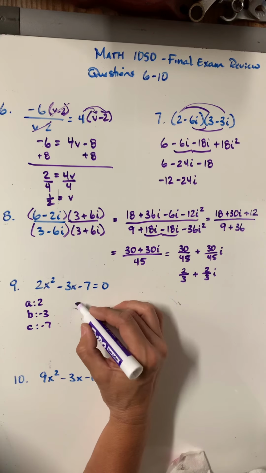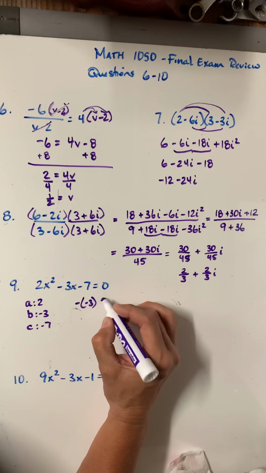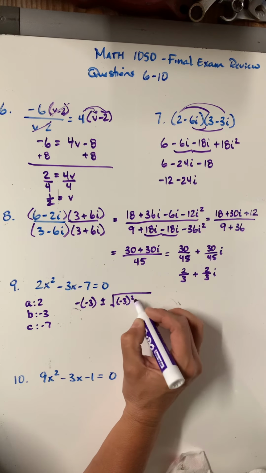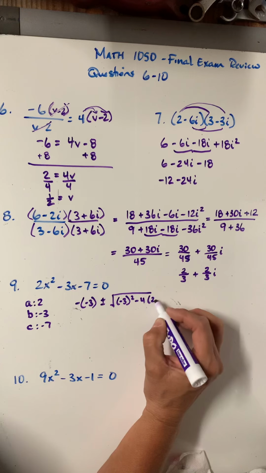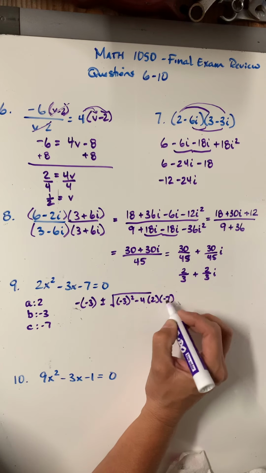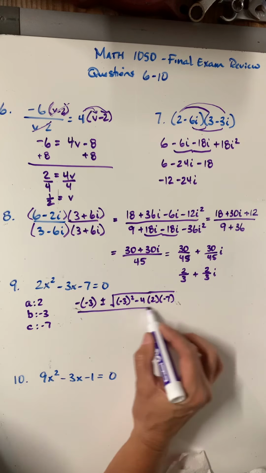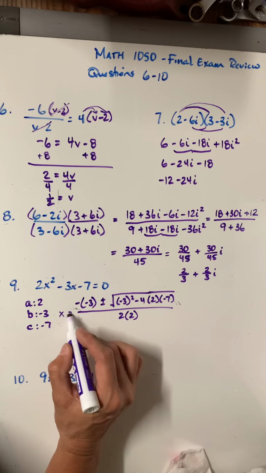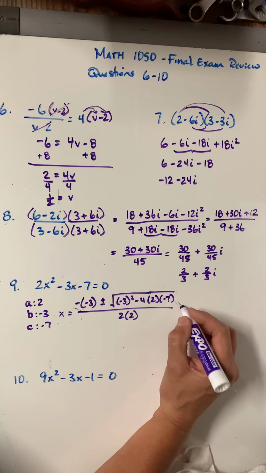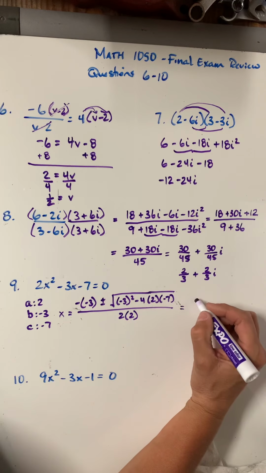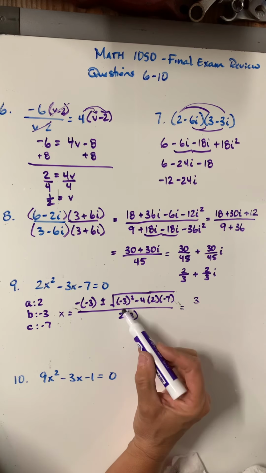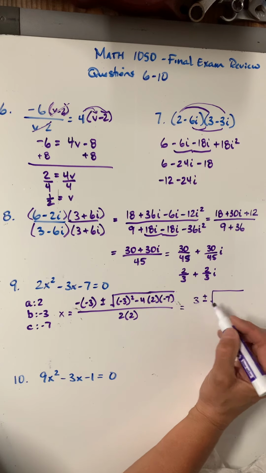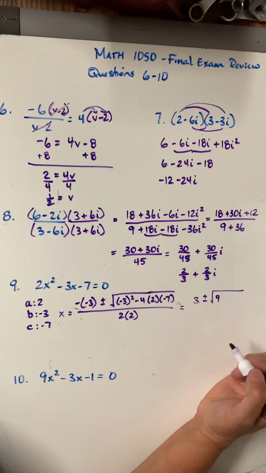So I get -b plus or minus the square root of b squared minus 4 times a times c all over 2a. So negative 3 will give me a positive 3. Inside here, I'm going to get negative 3 squared is 9.